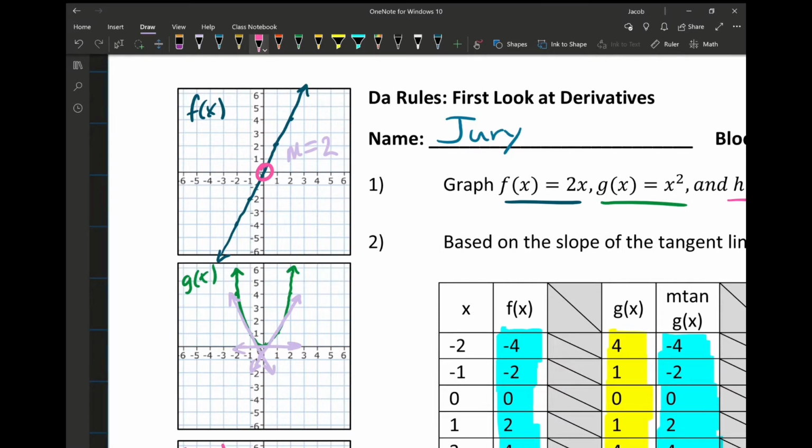At x equals 1, so you can see how they line up. At x equals 1, the slope of the tangent line on g of x has the same y value on f of x. And same thing for -1, and that would be the same for every point on the graph. So clearly, f of x is representing the slope of the tangent line to g of x.